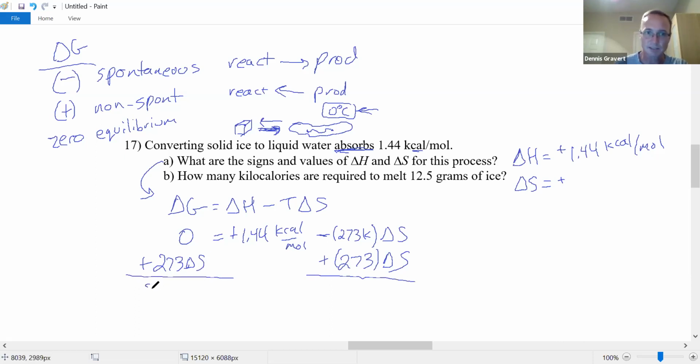So on the left side, you have 273 times delta S equals a plus 1.44 kilocalories per mole, and there's a Kelvin here if I want to keep the unit. Now you divide by 273 Kelvin.